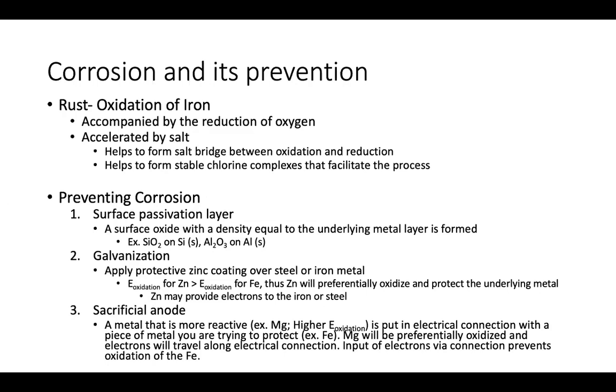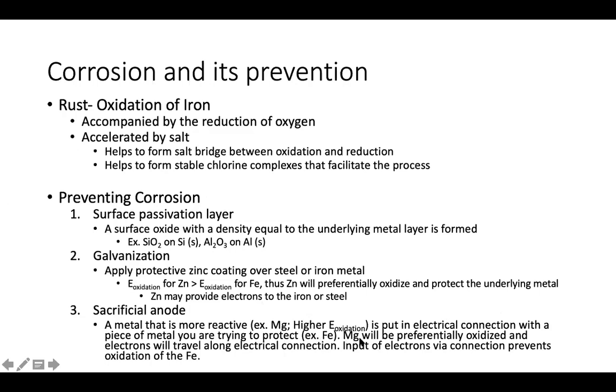The last way to prevent corrosion is very similar to galvanization. It's called sacrificial anode. Here we're going to use a metal that is more reactive, for example magnesium. By more reactive, we're saying it has a higher oxidation potential. We will have an electrical connection from this metal to another metal that we're trying to protect, maybe iron metal.